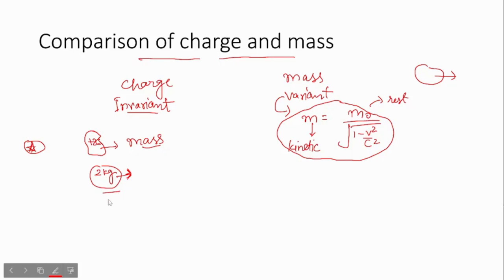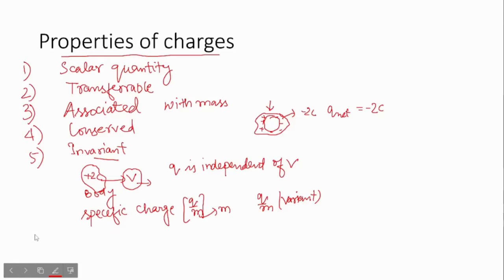Now one more thing I would like to add in the properties, the sixth property, that is charge is quantized. Quantized means the charge possessed by any body, q, will be an integral multiple of electronic charge.